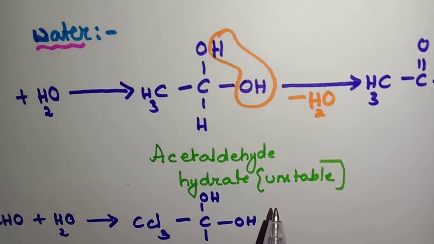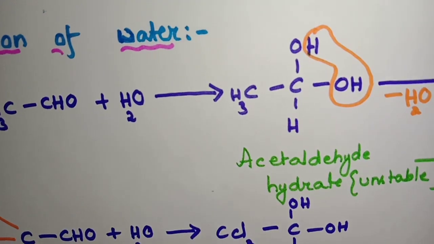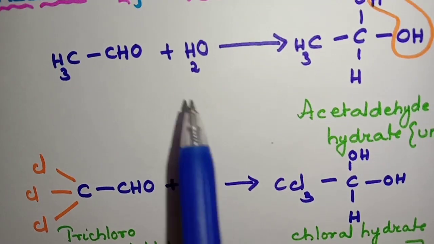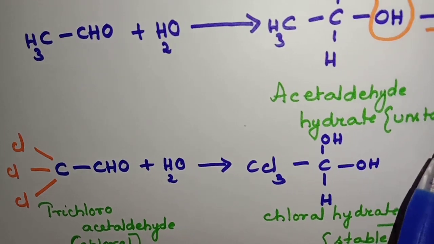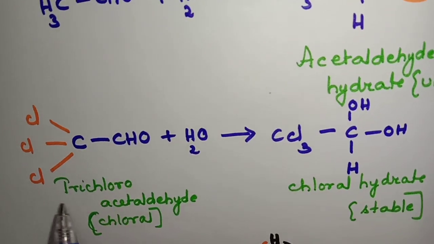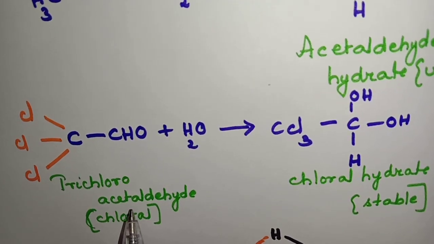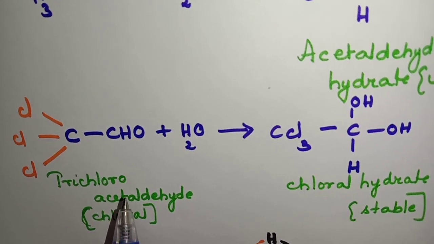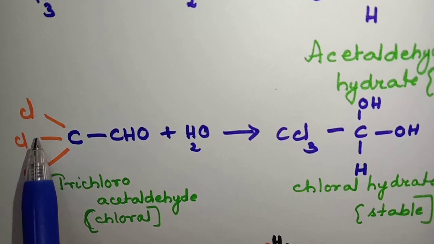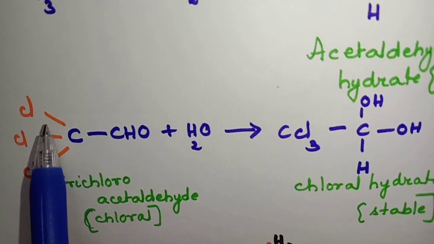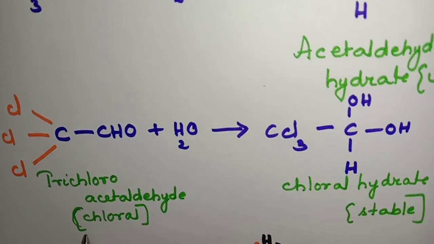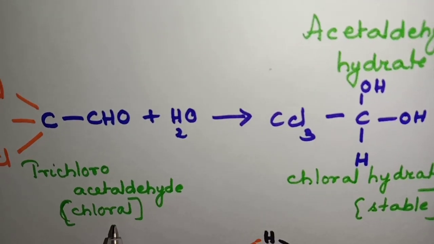But there is one interesting thing to be marked here. Acetaldehyde, when it reacts with water, forms acetaldehyde hydrate, which is unstable. But taking trichloroacetaldehyde. So what is trichloroacetaldehyde? Replacing 3 hydrogens with 3 chlorine atoms. So 1, 2, 3, trichloroacetaldehyde, or it can also be called chloral.